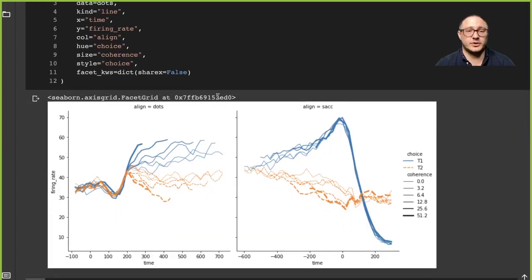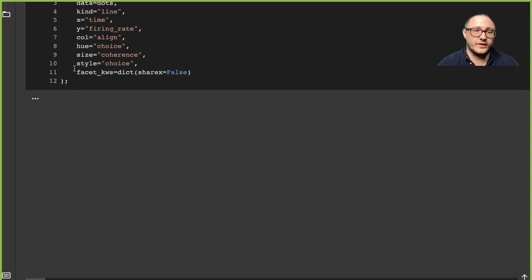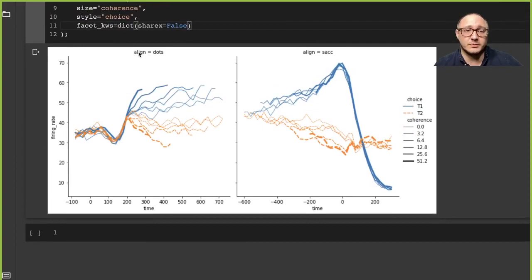I'll show you the example of what's going on here. Now you can see we have a time series analysis, and notice this is the big difference. We have our splits from our columns from our align being dots and sac. The y-axis is still the same.